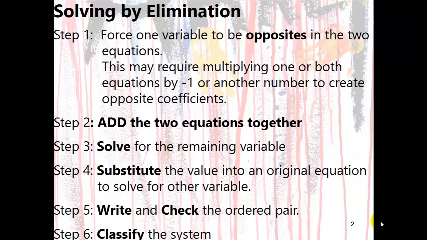If you end up with an ordered pair, you have consistent, independent. If you end up with a true statement like 5 equals 5 or 0 equals 0, something that's always true, no variables involved, right? That's consistent dependent. That means that it's an infinite number of solutions.